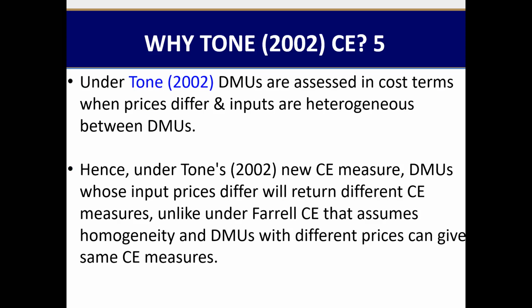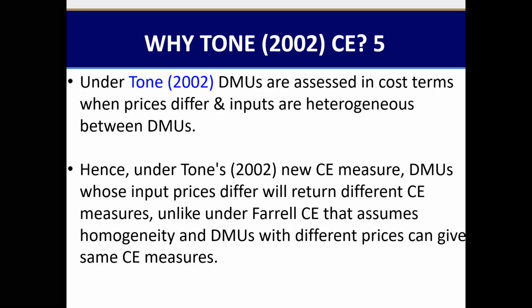So under Tone's own, firms are assessed in cost terms when prices are different, and also when the inputs are not homogeneous. In his new measure of cost efficiency, the firms whose input prices differ will return a different cost efficiency. It's not going to be the same as the Farrell one. They will give you a different cost efficiency from the Farrell that assumes homogeneity, and therefore the DMUs with different prices can even give the same cost efficiency.